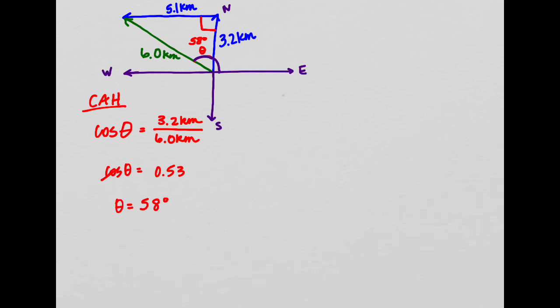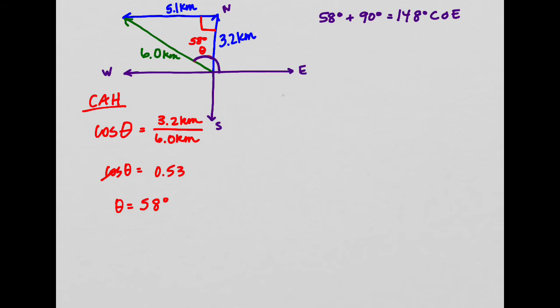So I'm going to add 58 degrees plus this whole angle right here. Remember, each quadrant is 90 degrees. So I add 90 degrees and I get 148 degrees counterclockwise of east. Let's do an abbreviation for that. We'll say COE, counterclockwise of east. Alrighty.